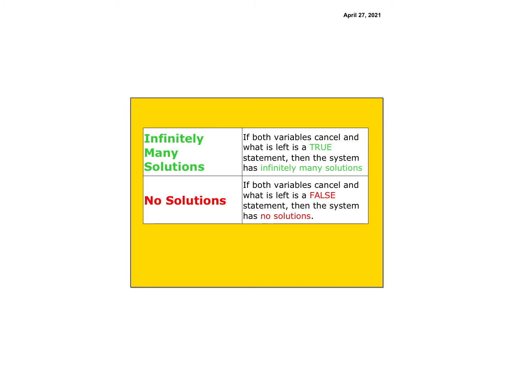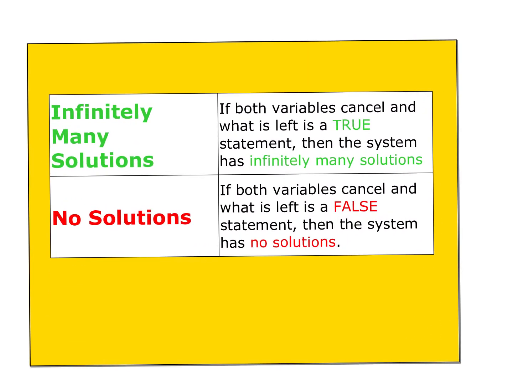Just a reminder, if you're working along and you get something down to like 7 is equal to 7, or a equals a, that's true, and that is your clue that there are infinitely many solutions.